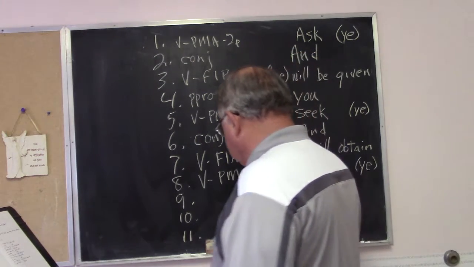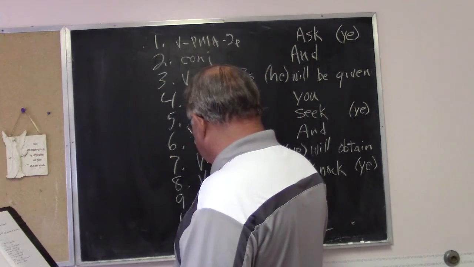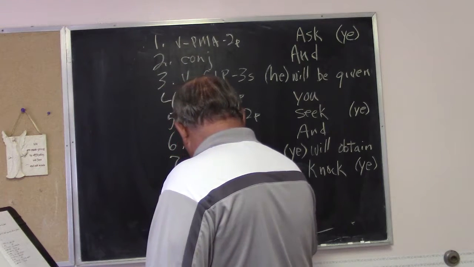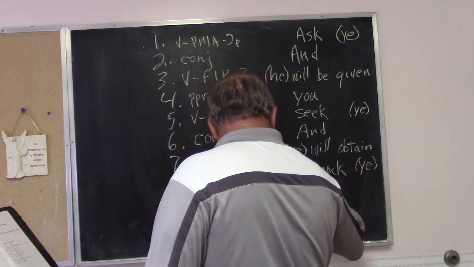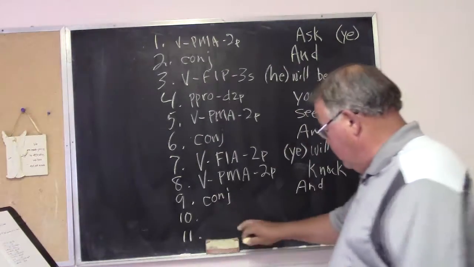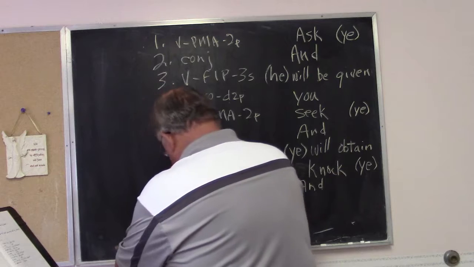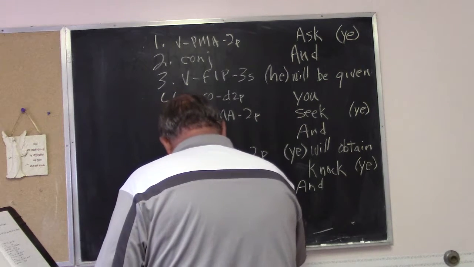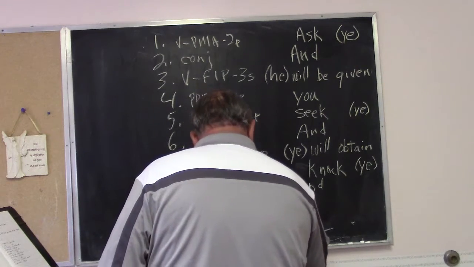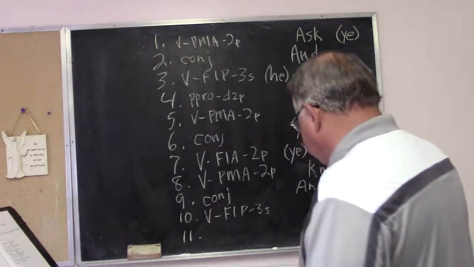The next word, number 9, is Kai again. Conjunction. And. 10th word, V dash FIP dash 3S. So this is a future.